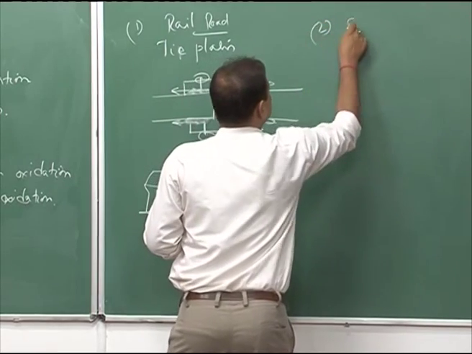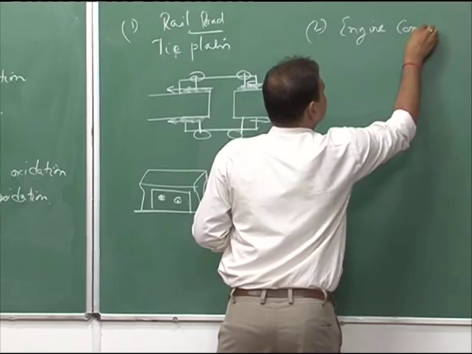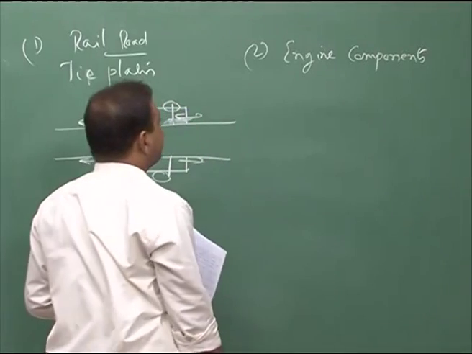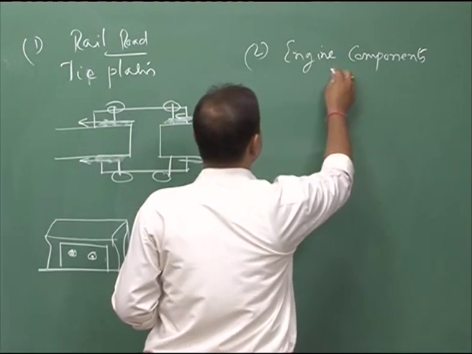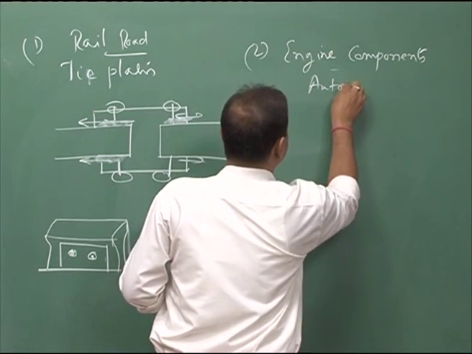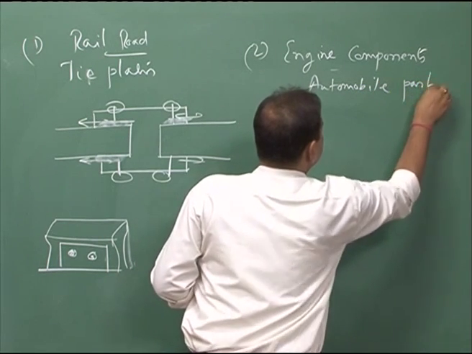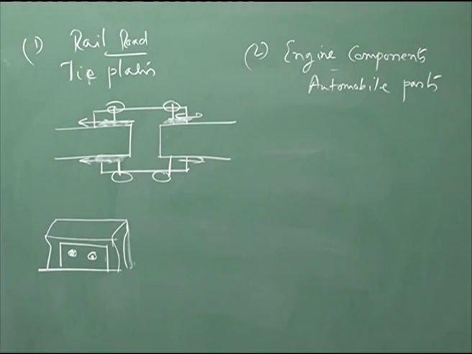The second example is engine components. In engine components and automobile parts we can have fretting corrosion, because there we have fretting action due to constant vibration.